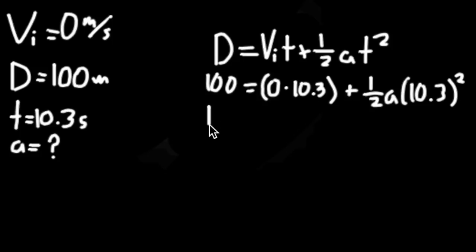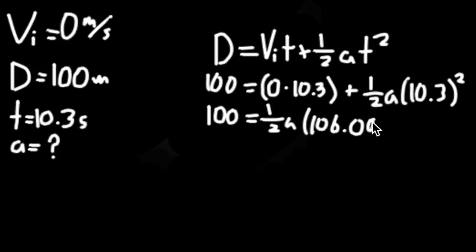Now we can begin to simplify. We will have 100 meters equal to 1/2 times acceleration times 106.09 when you square the 10.3. Since the initial velocity is 0, when you multiply initial velocity times time, that term is canceled out and is no longer meaningful.